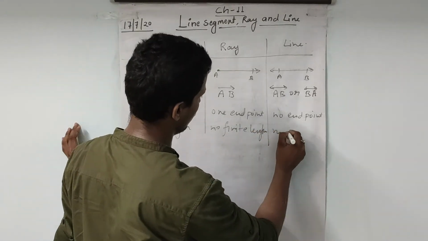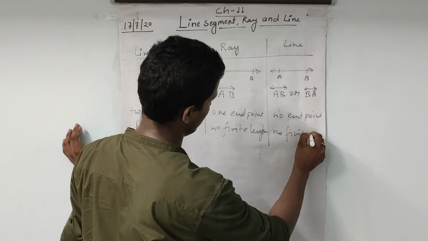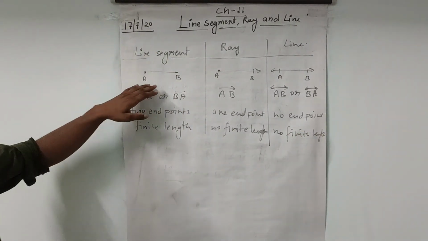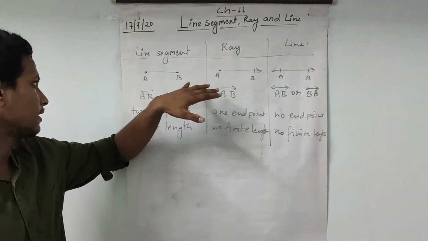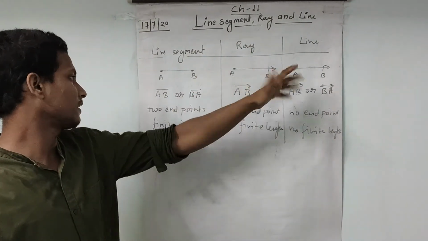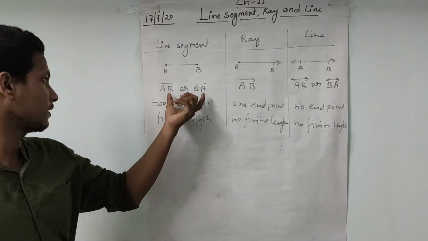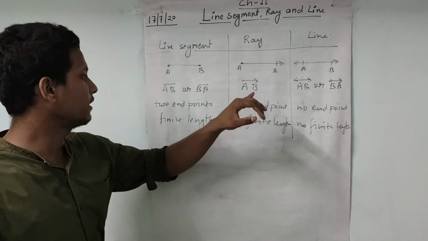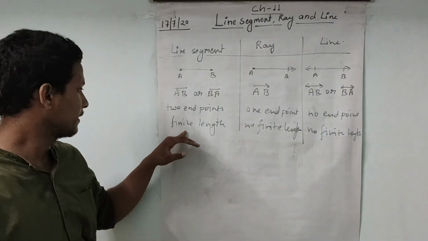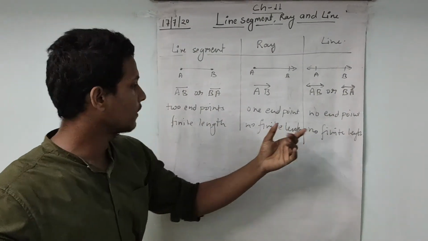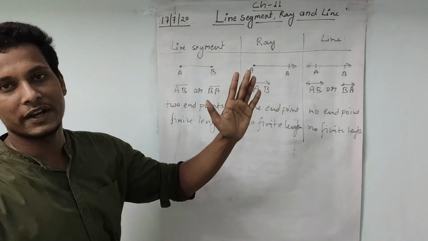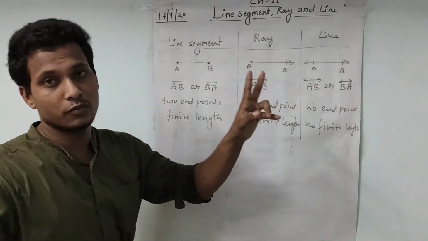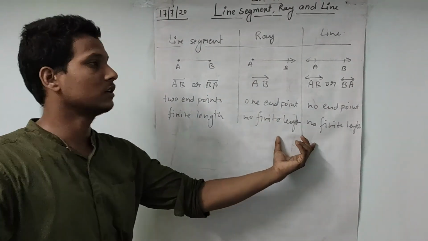A ray has no finite length because it is moving towards a point in one direction endlessly, and a line is moving towards both the points endlessly, so they don't have a finite length.